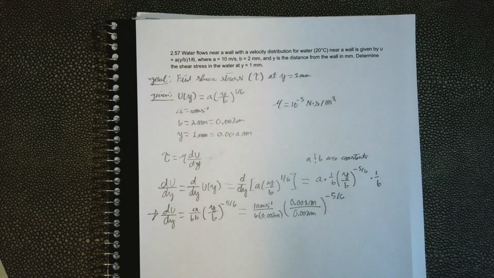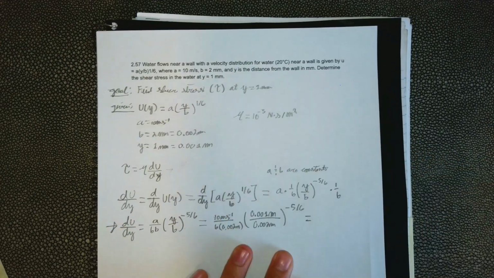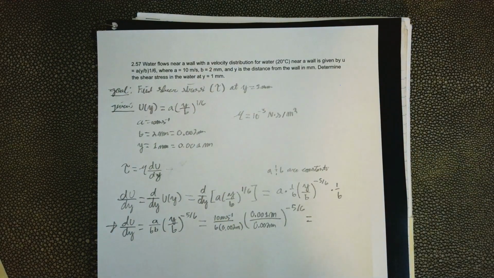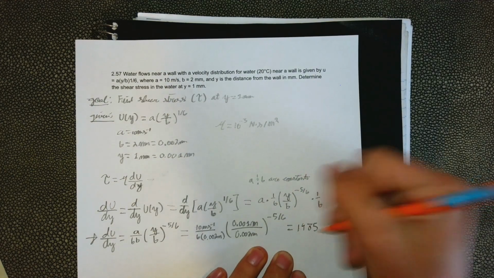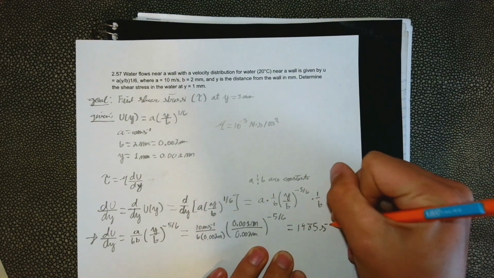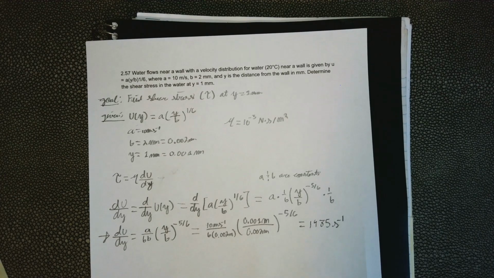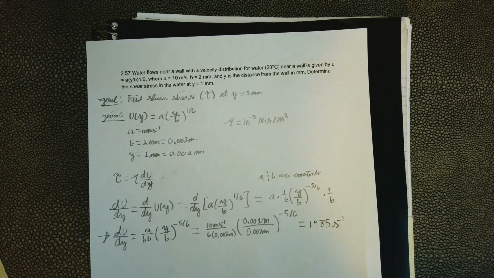Then we put that in the calculator, and that gives us about 1.485 per second. It just gives us seconds to the negative 1.